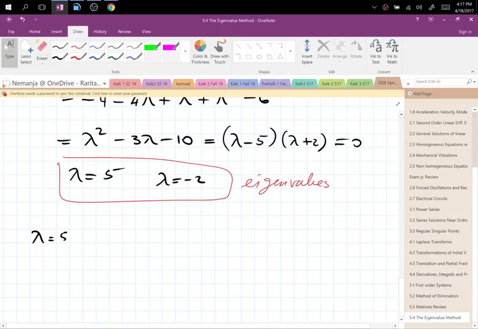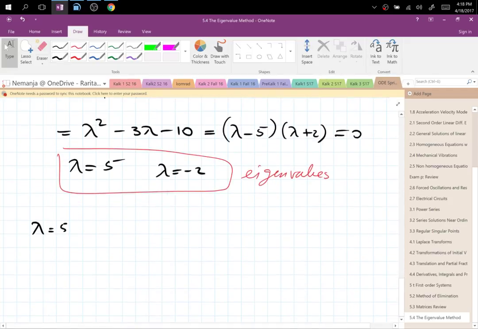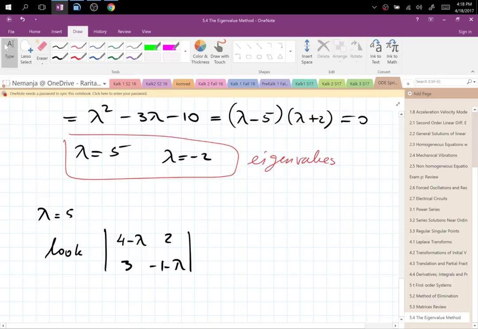So when lambda equals 5, I can bring that 5 and put it in the matrix. So look at the matrix 4 minus lambda and 2 and 3 and negative 1 minus lambda. Let me just verify that. Yep. And just plug in.